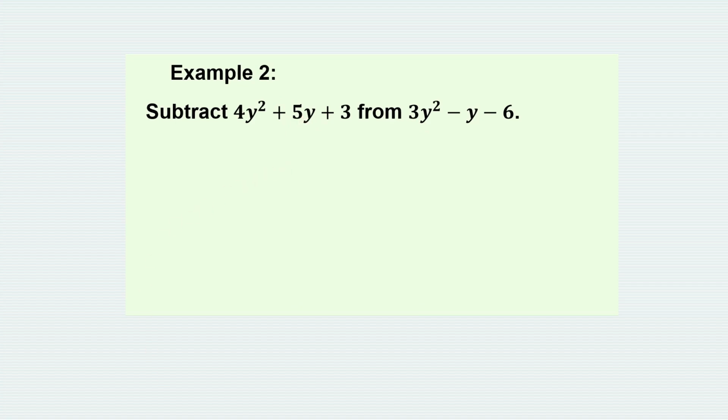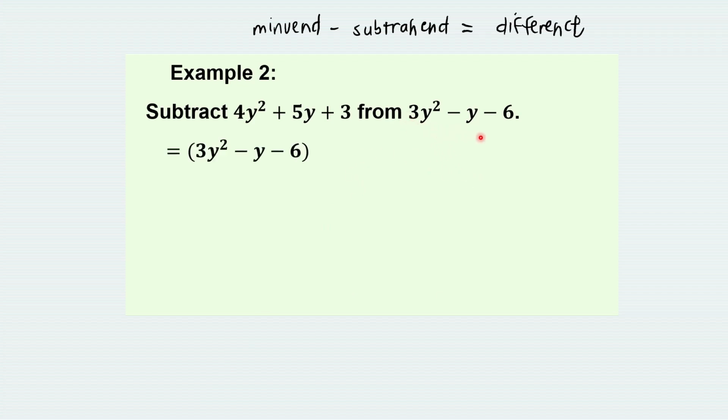Just a recall, it will be minuend minus subtrahend is equal to difference, right? If you forgot the parts of your subtraction, difference. There you have it. So we will have, for a minuend, 3y squared minus y minus 6, minus your subtrahend, which is 4y squared plus 5y plus 3.